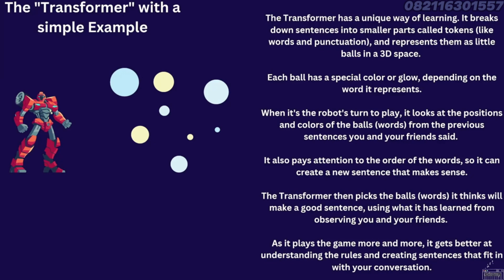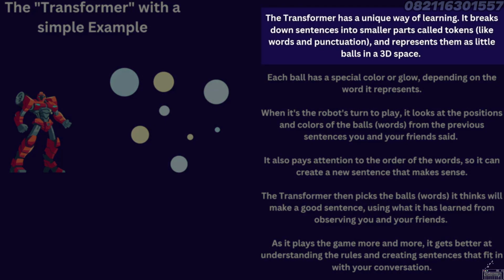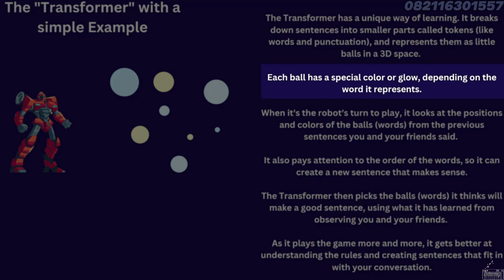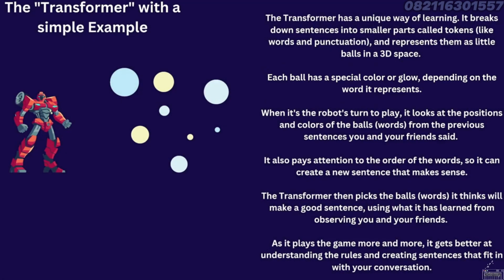So we take the sentence and break it down into tokens. And this transformer tries to represent these words as little balls in a 3D space. Each ball has a special color, special glow, depending on the word it represents.